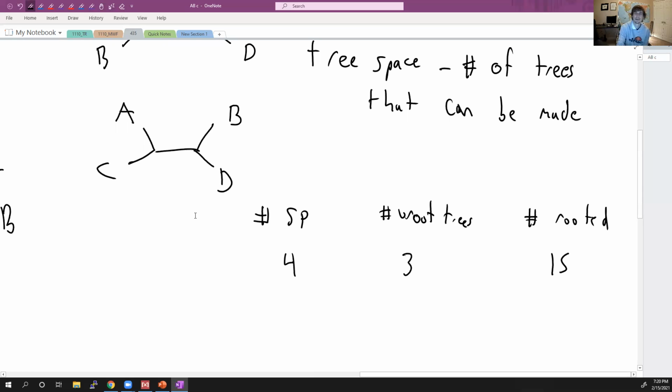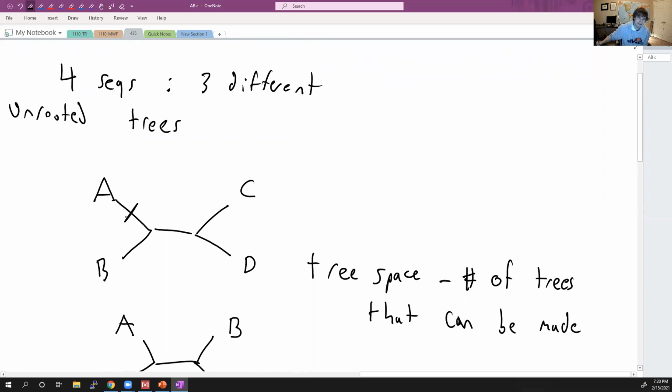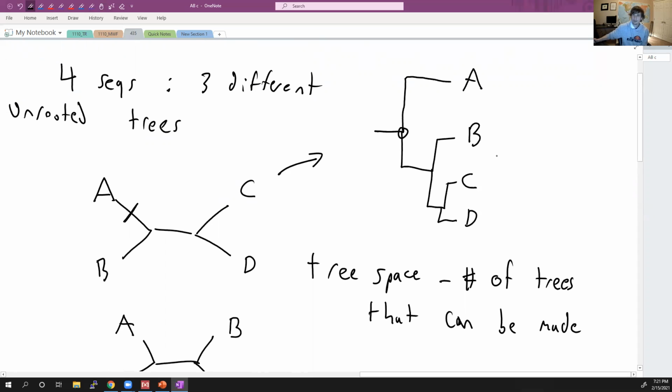And so whenever we root a tree, again, it's effectively picking a branch and saying this is where we're going to root this tree. This is where we're going to fold over to say that A is going to be the most ancestral sequence, and our node of common ancestry is here. Next will be B, and then C and D. Right, so that's a rooted tree on A. But these two trees are effectively equivalent.